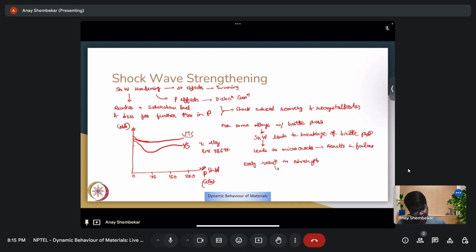This is because the initial martensitic phase is subjected to reverse transformation, whereas at higher pressure the dislocation strength overcomes this weakening effect due to reverse transformation.